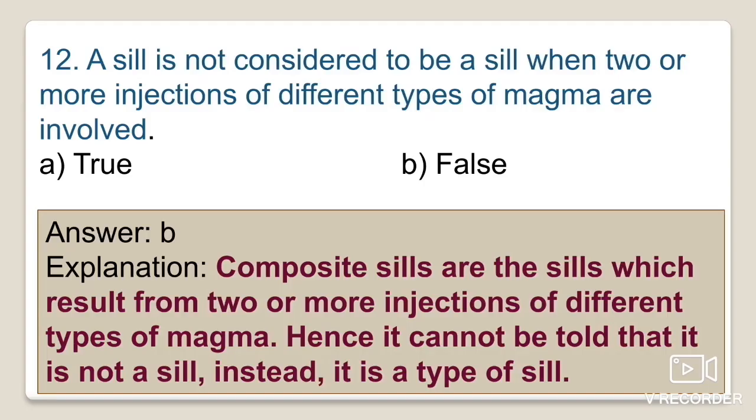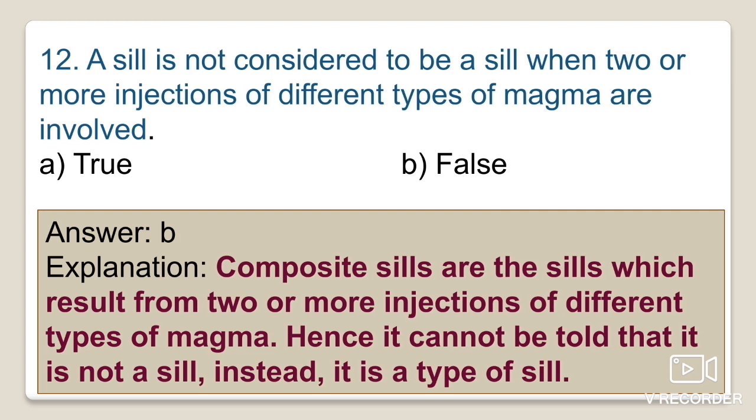So this was our discussion about some other very important questions related to igneous petrology, and basically from the forms of the igneous rock bodies. As we have already said, these are very important questions from the exam point of view, because in BHU PET or in JAM also, the questions which are asked generally are from general topics.